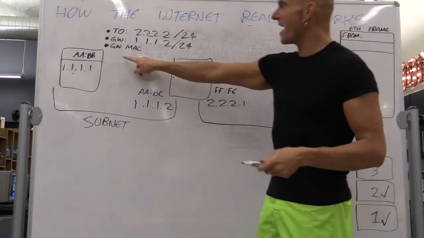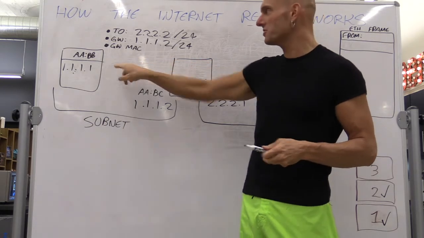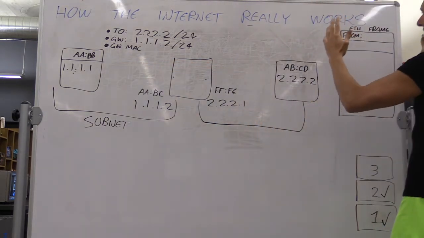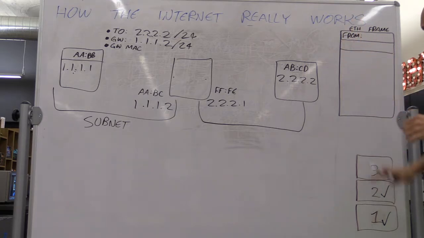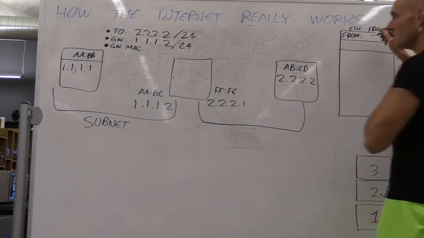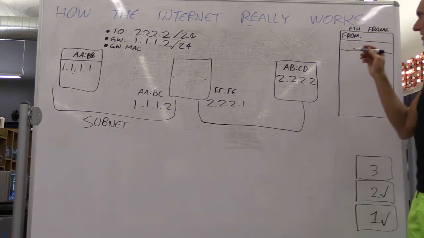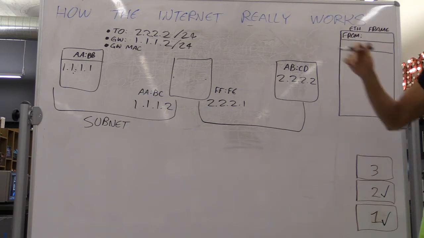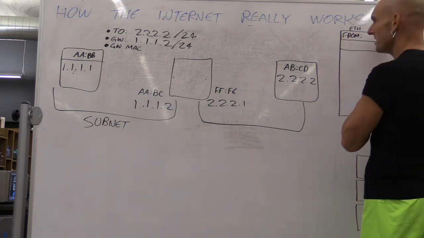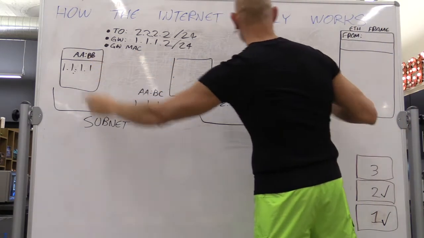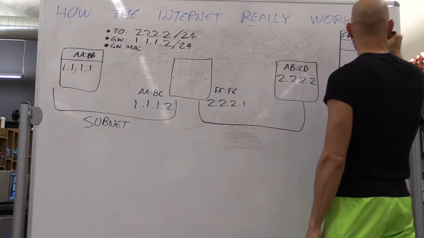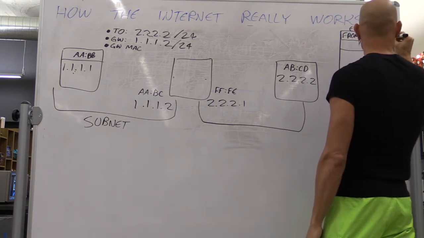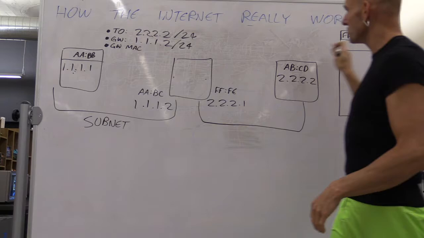So here I've added MAC addresses, or hardware addresses, to this. So I'm putting together the Ethernet frame, which is the minimum thing I need to do to talk on an Ethernet network, because this is operating at layer 2. Literally this is going to end up being a compilation of electrons I'm putting on the wire. I'm going to start the Ethernet frame, and I'm going to say it's coming from me. I am AABB. And it is to the default gateway.